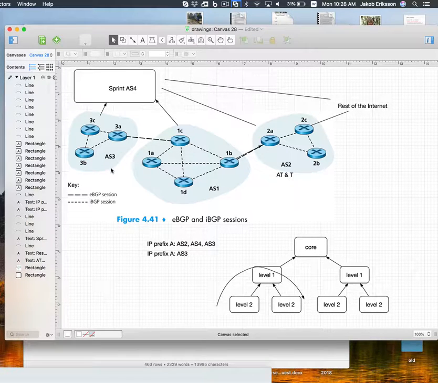The longer the prefix, the fewer IP addresses are part of that prefix naturally. But also the more control you get, right? You could say, oh, for this part of my network, I want this sort of routing. For that part of the network, I want a different sort of routing.